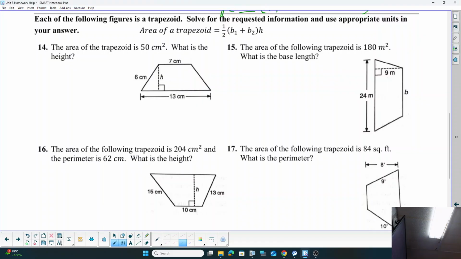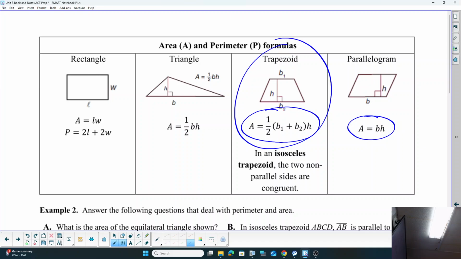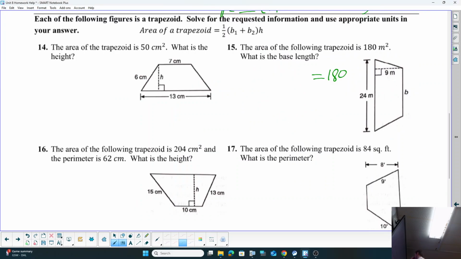Okay, let's see here. The area of the following trapezoid is 180 meters squared. So our area is 180 meters squared, and our formula is 1/2 (B1 plus B2) times the height.